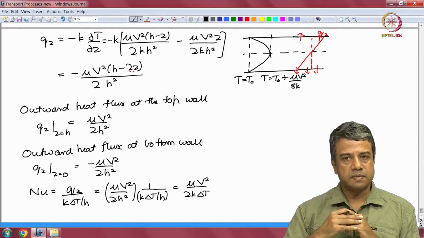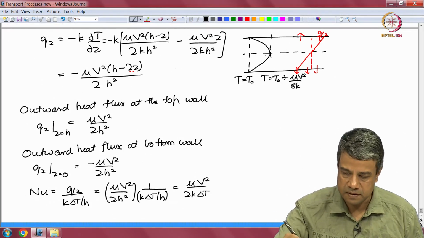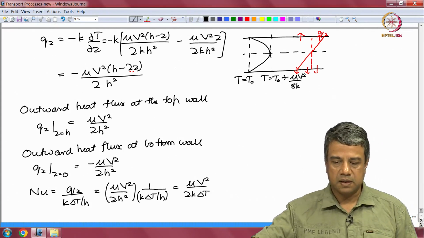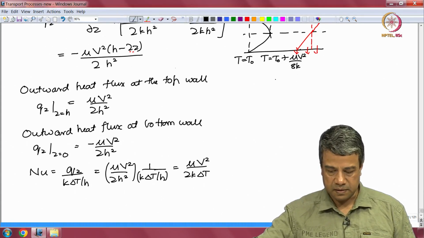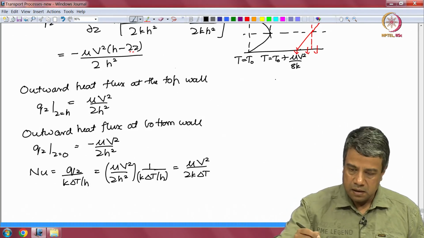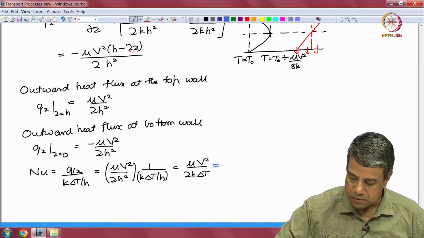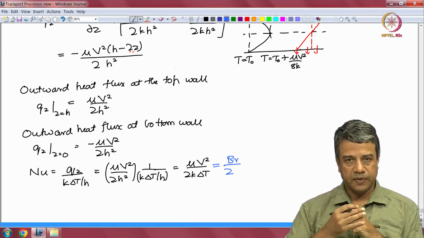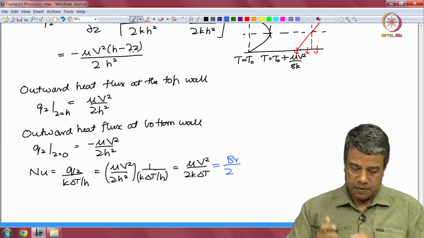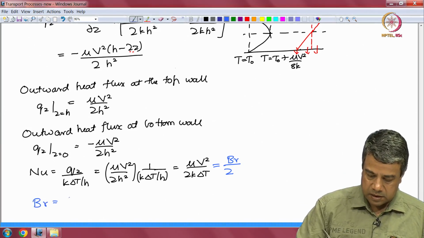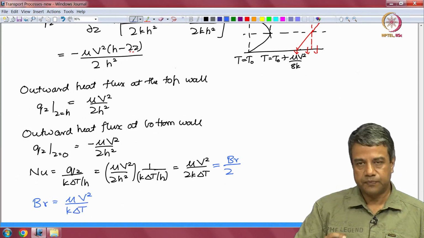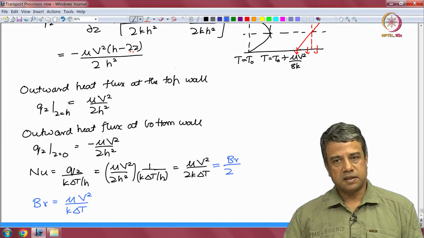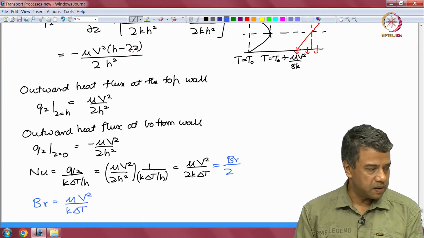In this case, it should just be taken as the temperature difference between the center and the wall. This temperature difference between the center, T is equal to T naught plus mu v square by 8 K, and T is equal to T naught. Recall that this is equal to the Brinkmann number. When we had done the heat transfer problem, we had expressed the Brinkmann number as mu v square by K delta T. So, for this particular case, the Nusselt number is related to the Brinkmann number.